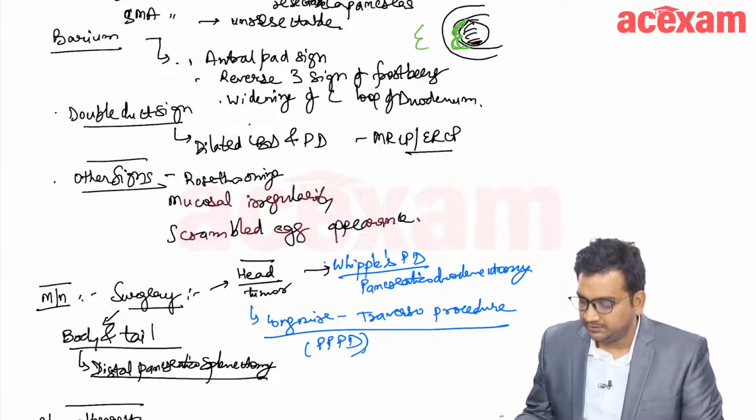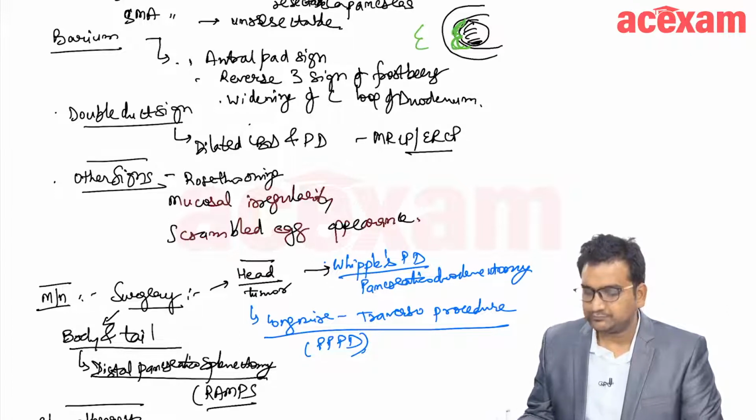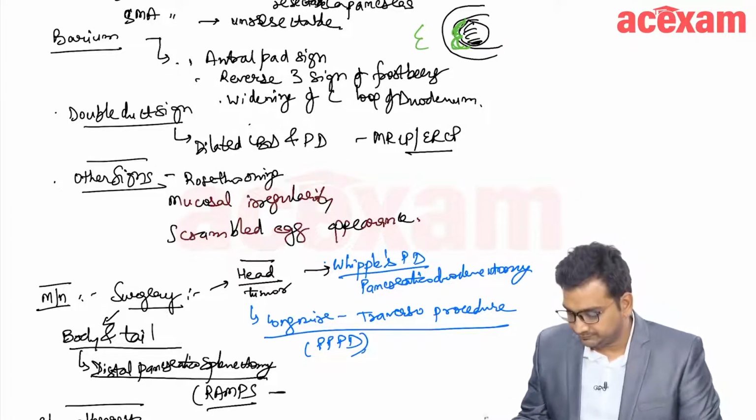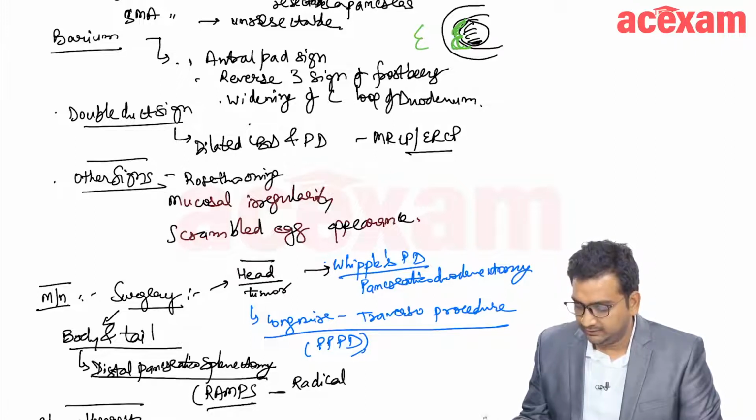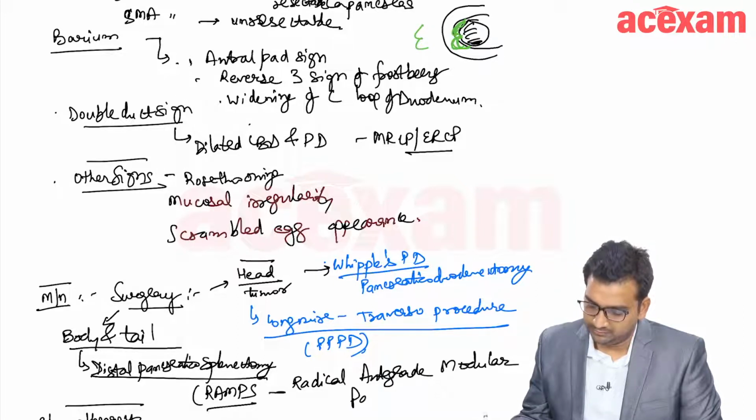Okay, RAMPS is a procedure. This is radical antegrade modular pancreaticosplenectomy.